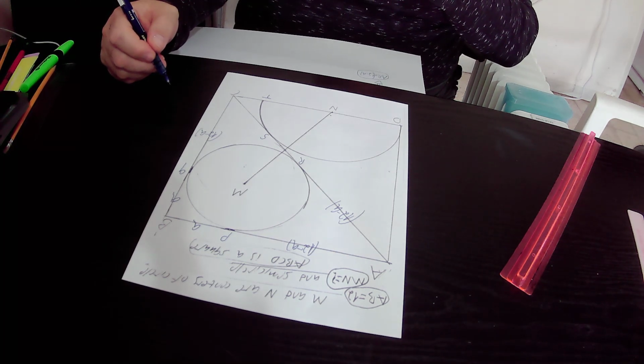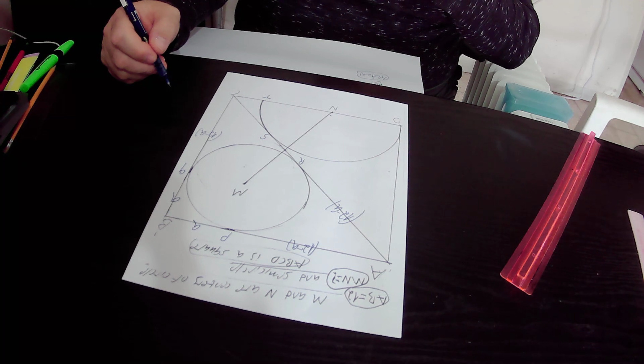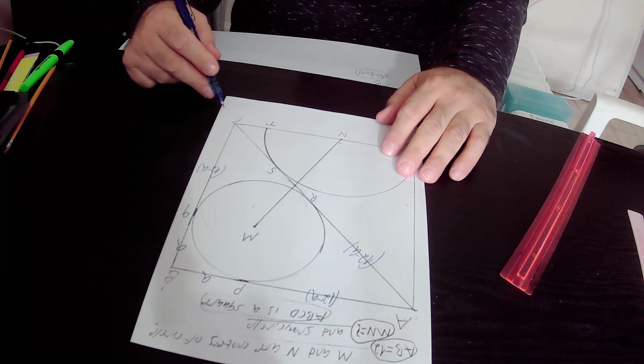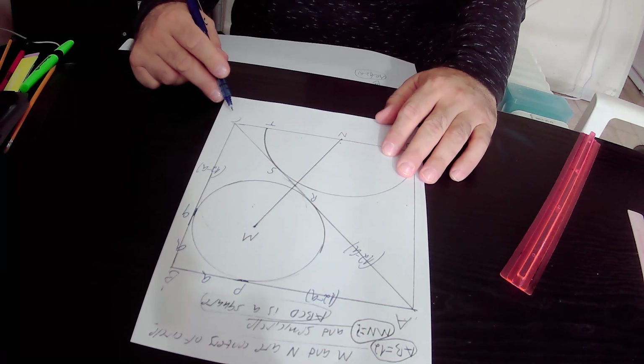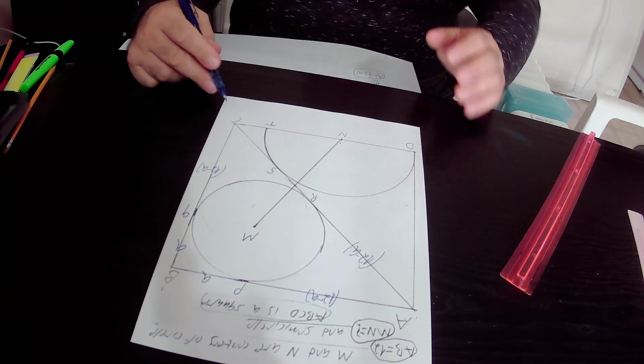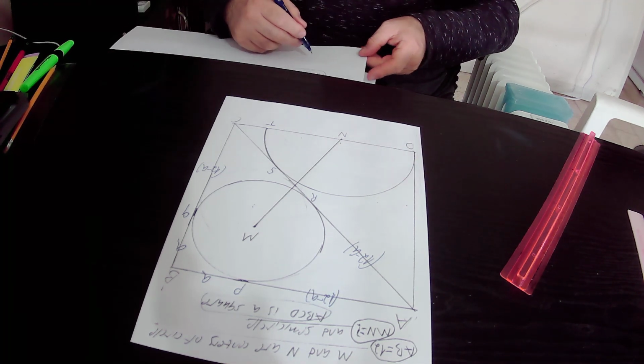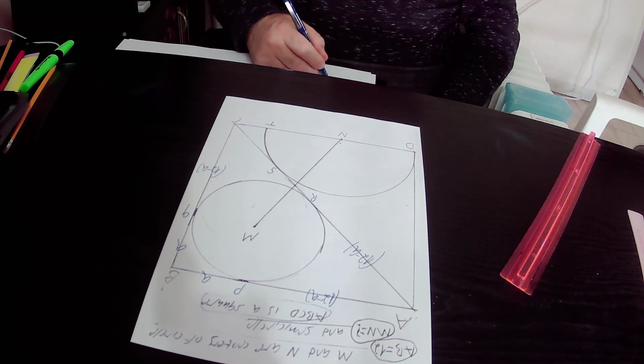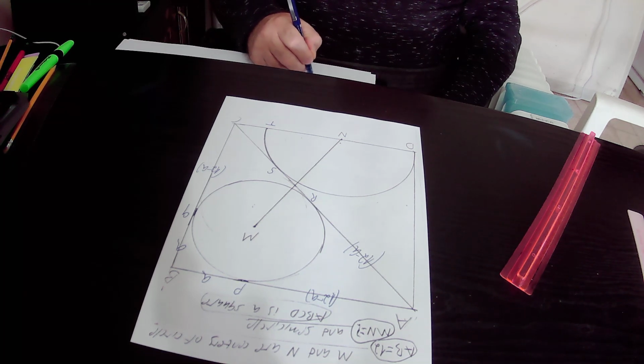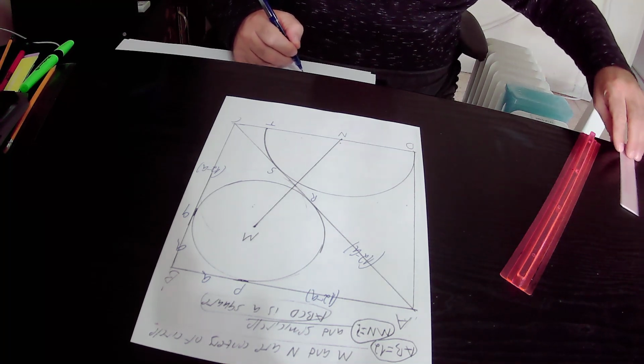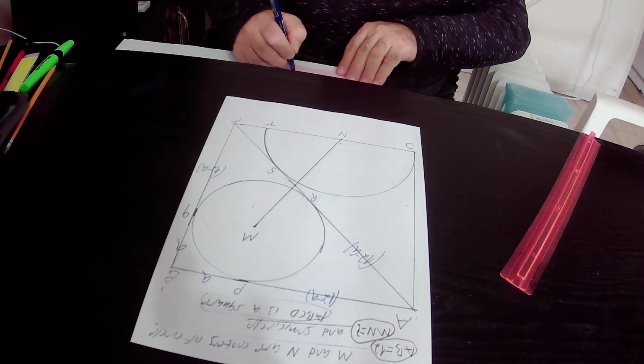And if we focus on point C, from the external point C we have two tangents to this circle.